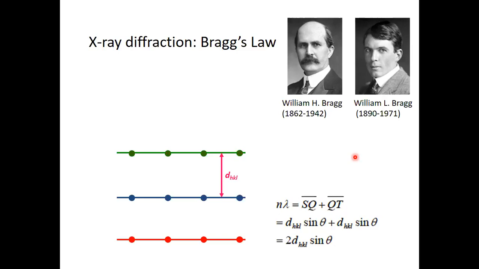So to mathematically handle this becomes very complex, if you consider X-ray diffraction to be a scattering phenomenon. However, fortunately, there's an easy way out, and that easy way out was found by William H. and William L. Bragg, father and son, who together discovered what is called Bragg's law.